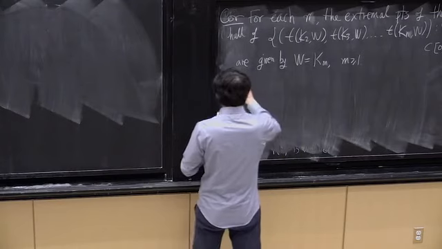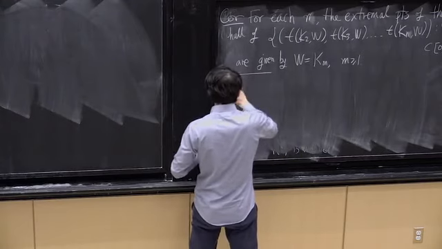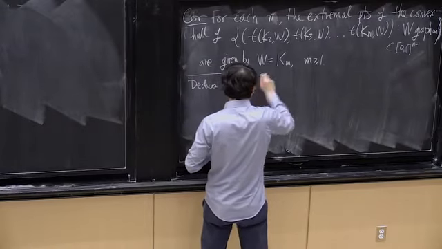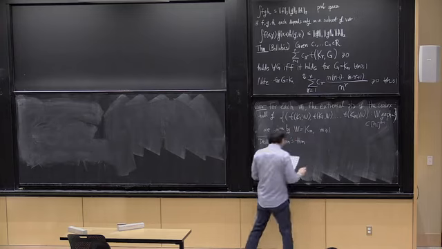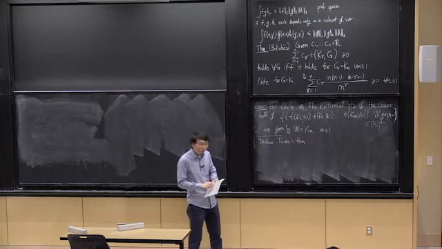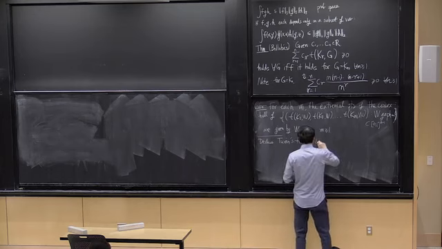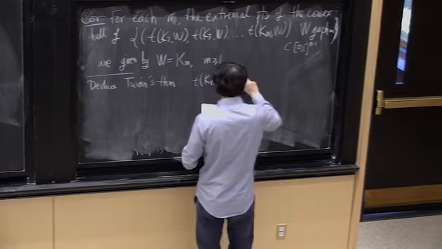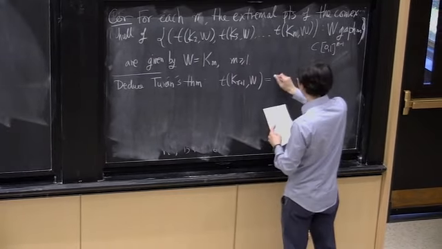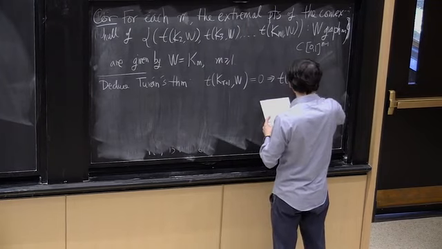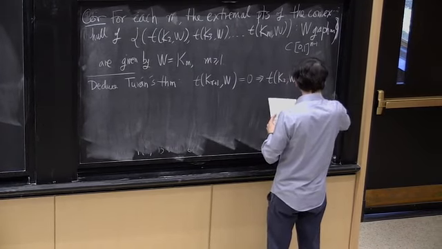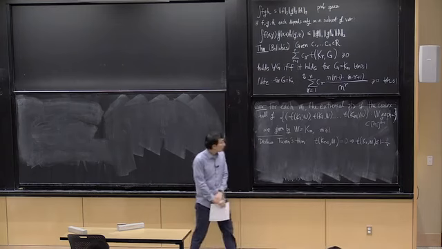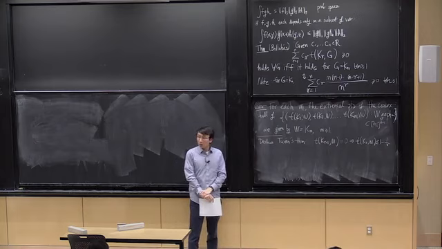So for example, we can also deduce very easily Turán's theorem. Okay. So what does Turán's theorem tell us? It tells us that if the (r+1)-clique density is 0, then the K2 density is at most 1 minus 1/r.